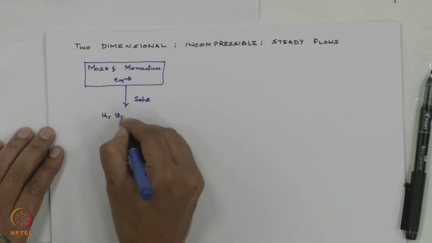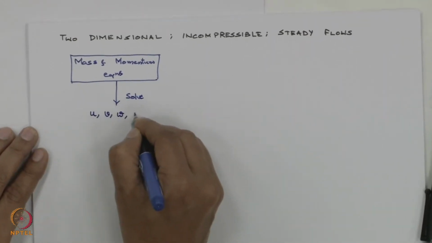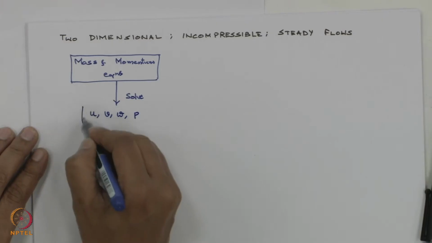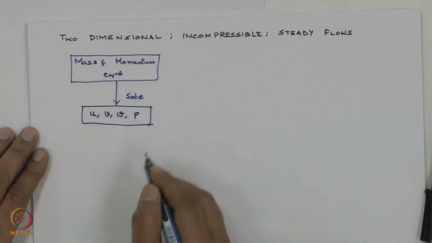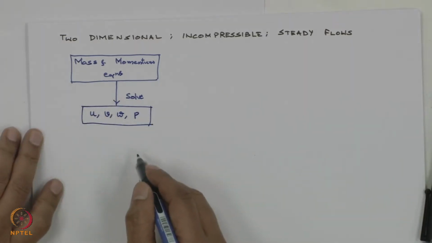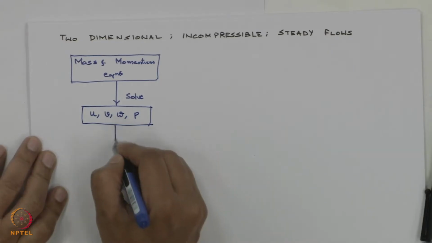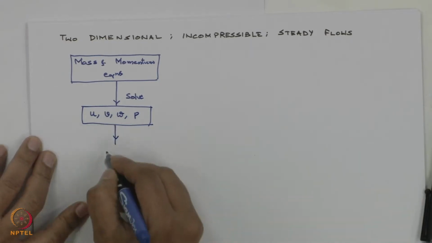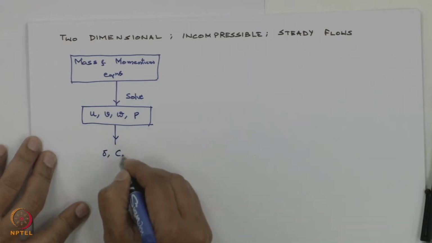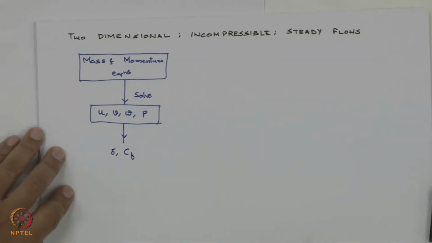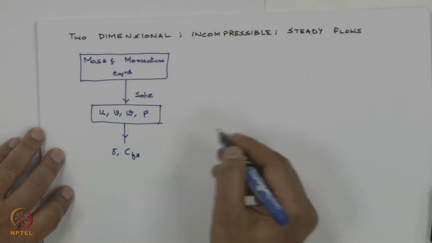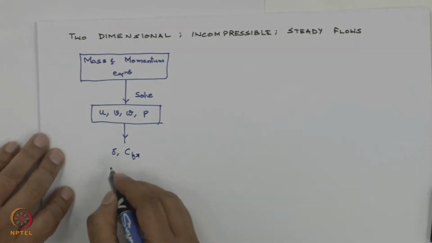U, V, W and P. What use is it for an engineer? He does not care about the velocities, so what does he want? He would be interested in the hydrodynamic boundary layer thickness and the skin friction coefficient CFX. How? I will explain a little later.